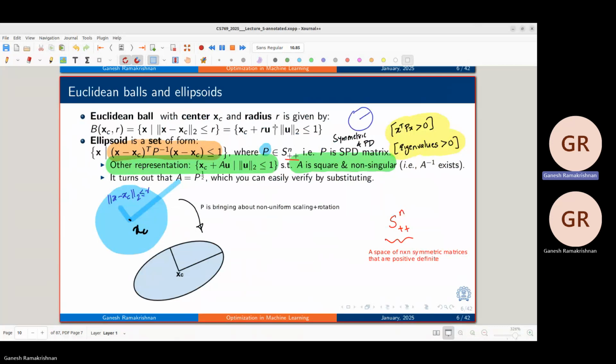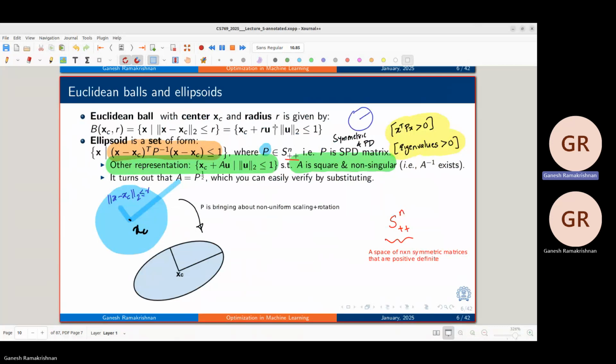But the more important point is A being square and non-singular. Very important to note this. Now it turns out that this gives us a relation between A and P. If you just substitute, a very simple substitution, you would say x equals xc plus Au.